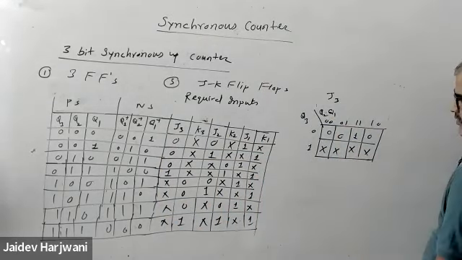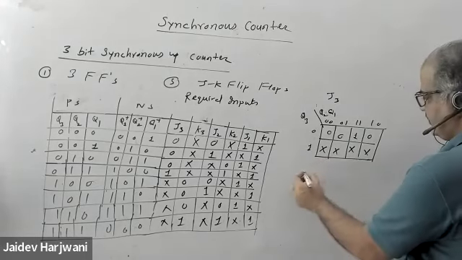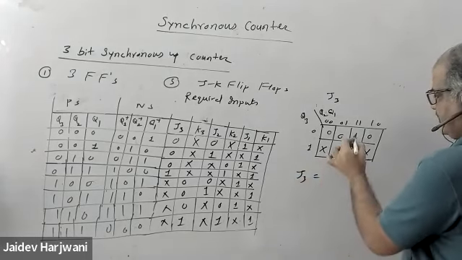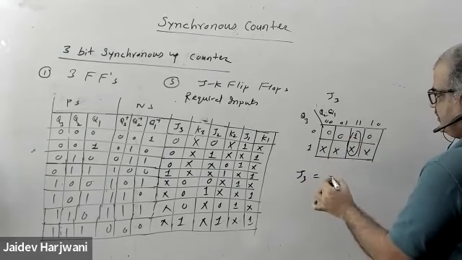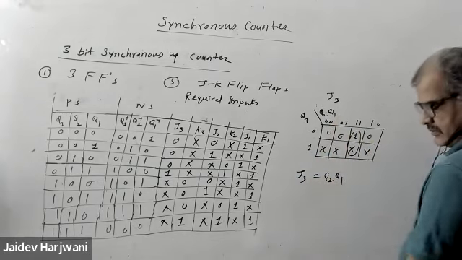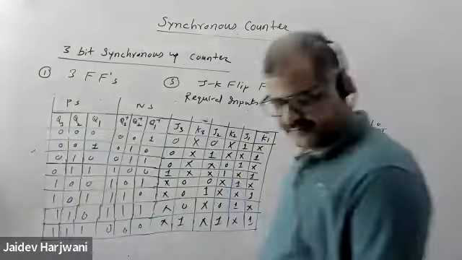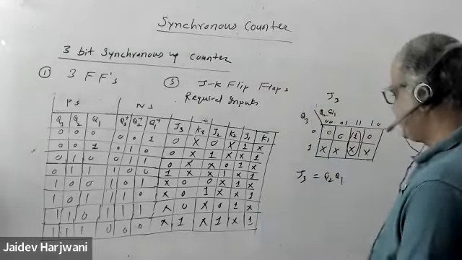Now this will give me the J3 value. Just solve this table. There is only one pair, so I can write J3 is Q2 Q1. Okay, so I know the J3 value.